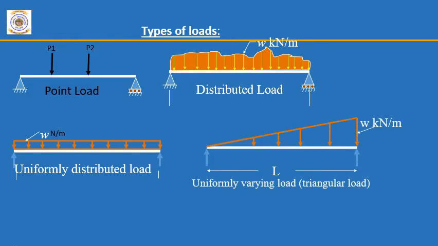Next, the second type of distributed load, that is uniformly varying load. The rate of loading W varies from point to point. Therefore, it is called uniformly varying load. Next one, a couple. A couple is nothing but a twisting moment, which twists the portion of the beam wherever it acts.